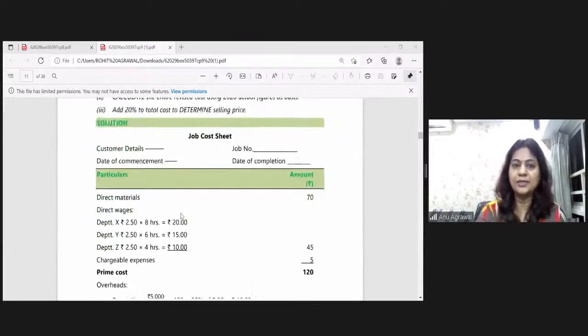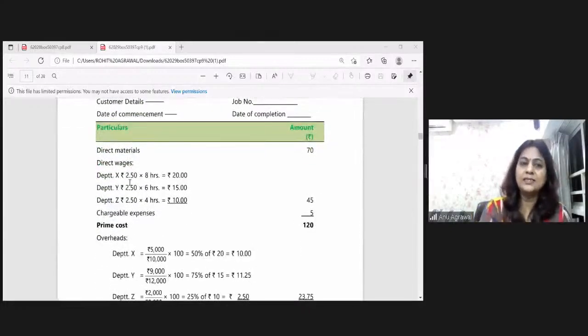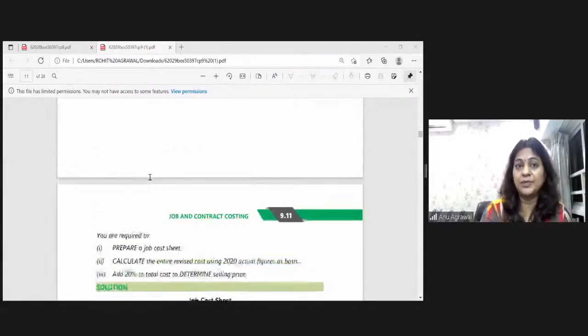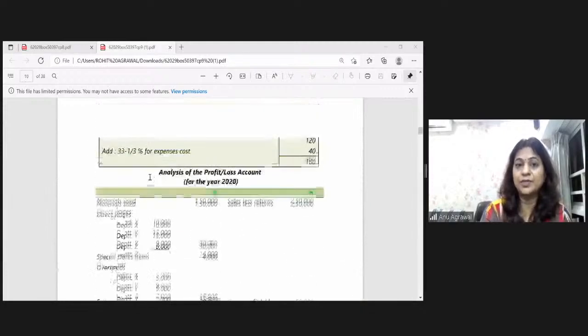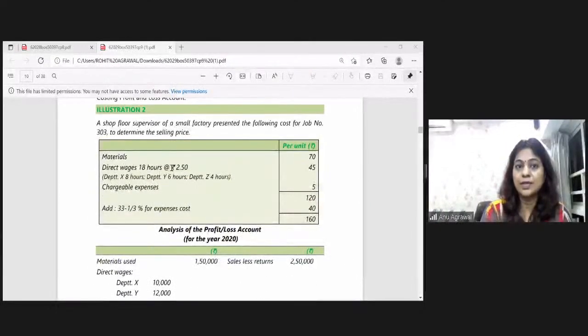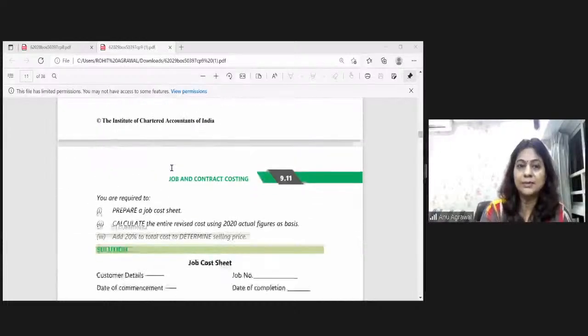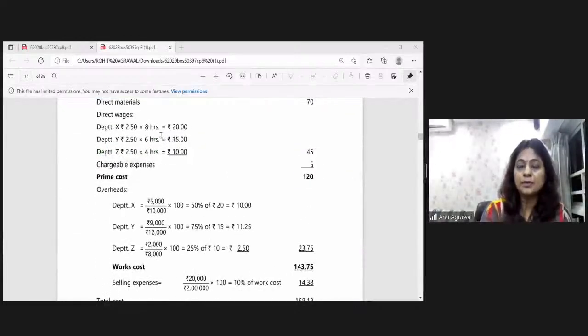See, ICAI has done it. What has ICAI done? Material 70. The wage rate was clear to us: it is 2 rupees 50 paisa, given in the question. So for X department it is 20 rupees, for Y department it is 15 rupees, and for Z department it is 10 rupees.